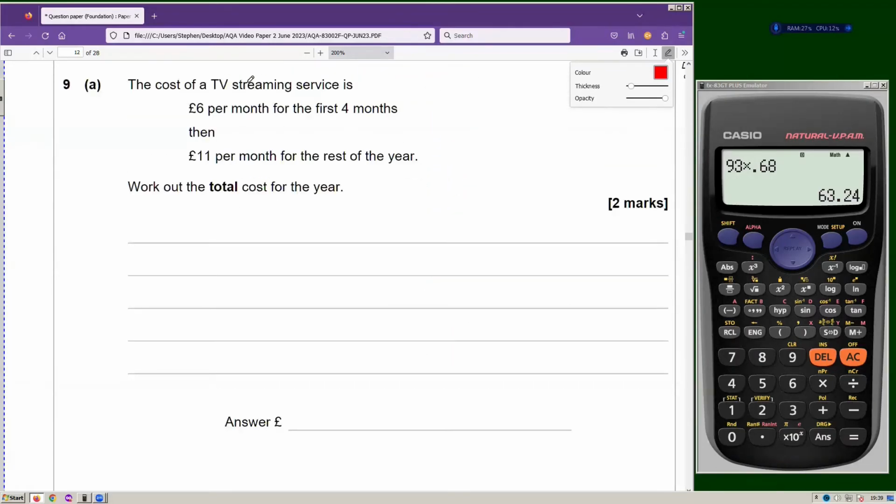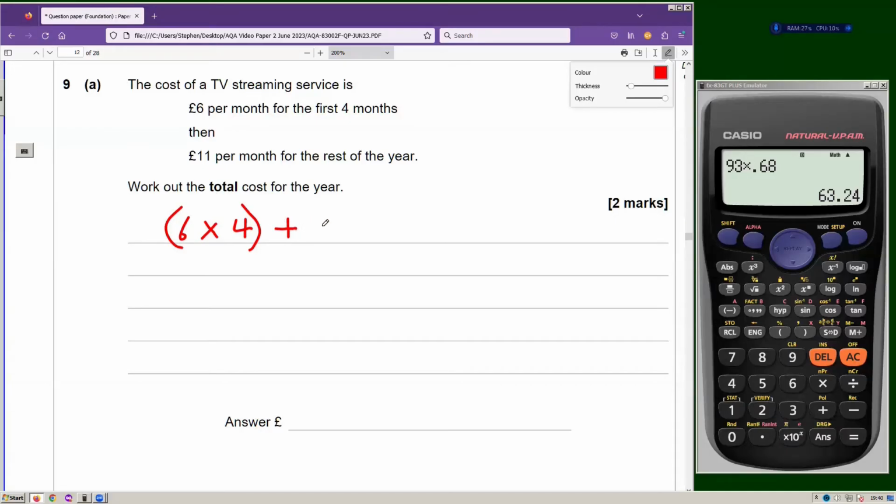The cost of a TV streaming service is £6 per month for the first 4 months, then £11 per month for the rest of the year. So that's going to be, we can do it in one go, 6 times 4 plus, and I'll put this in a bracket, it doesn't really need to be. And then, well, 12 months in a year, so we must be left with 8 months.